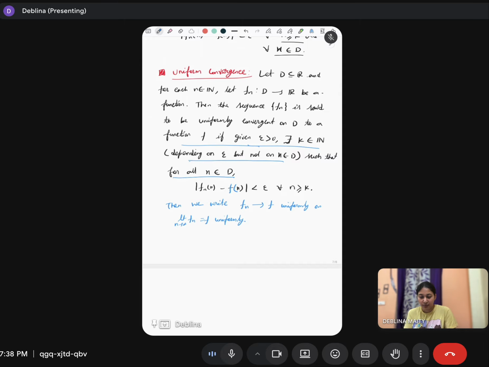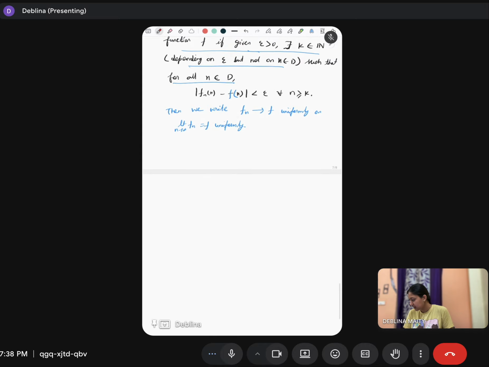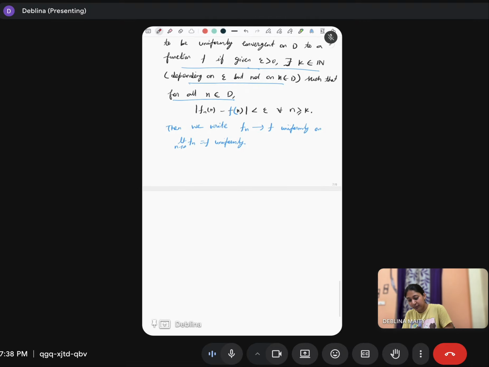Okay, let's see some examples. Let's take the first example we chose for pointwise convergence, which was fn(x) equals x to the power n, when x belongs to (-1, 1].